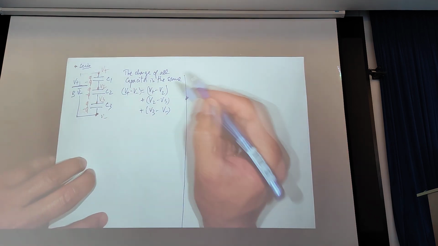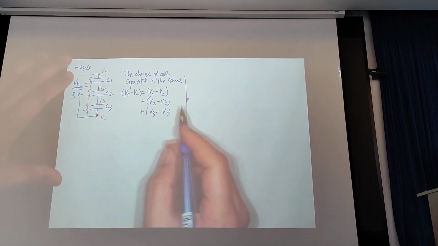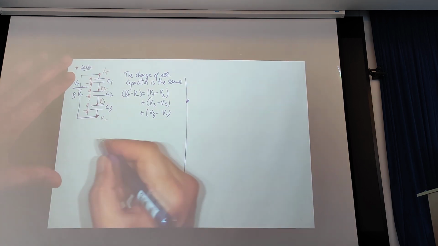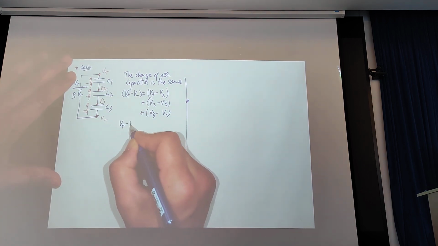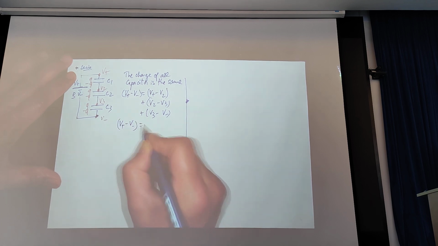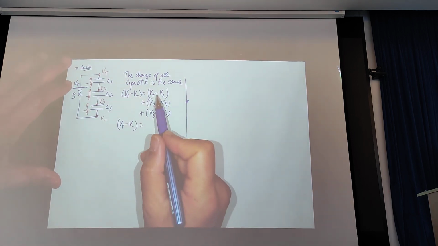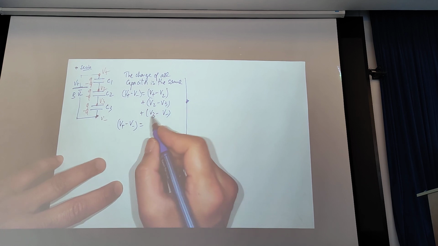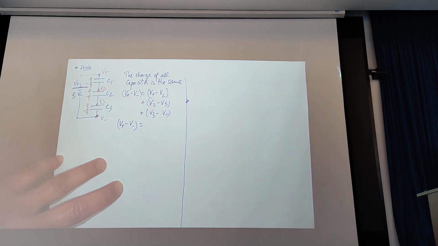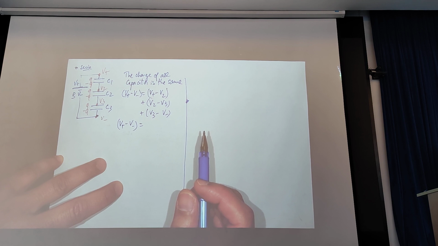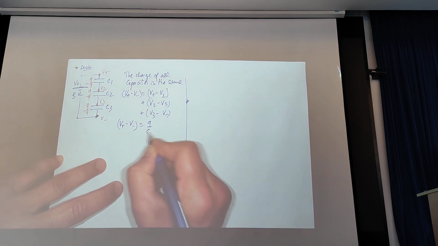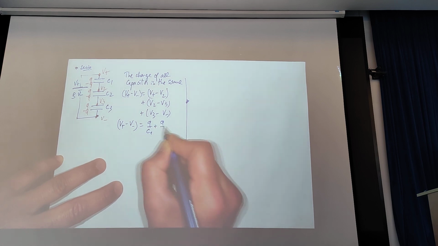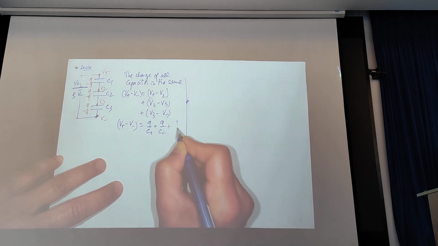And then, so V plus minus V, and then we are going to replace this. This is Q. So V is equal to Q over C. Q over C1 plus Q over C2 plus Q over C3.